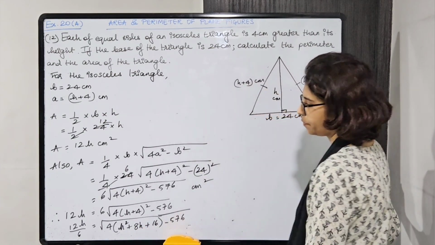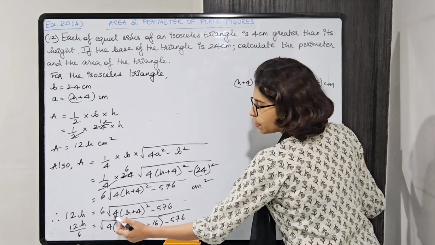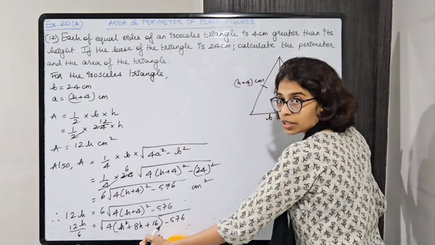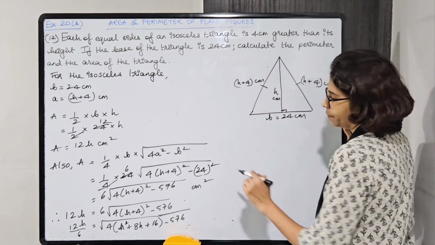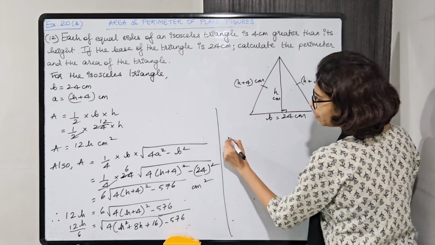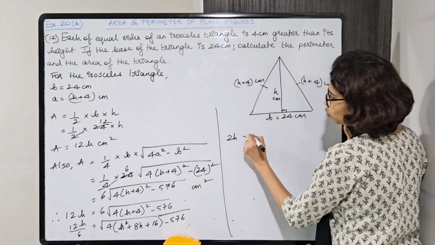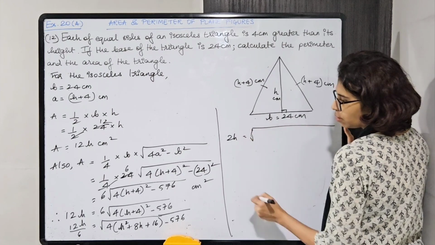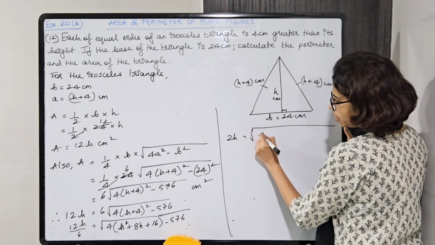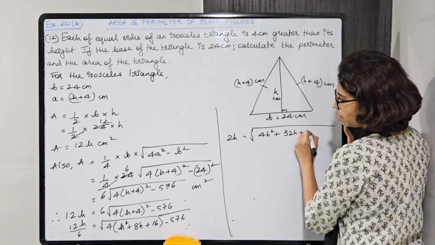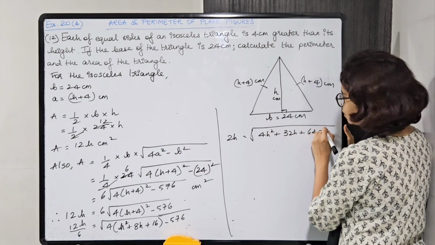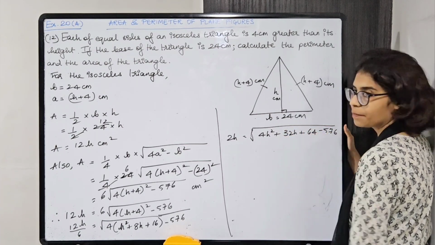Okay, you cannot multiply 4 before expansion. तो पहले एक्सपैंड करो फिर ही 4 को मल्टीप्लाई करना है. Now here we'll get 2h is equal to root of 4h square plus 32h plus 64 minus 576, correct?